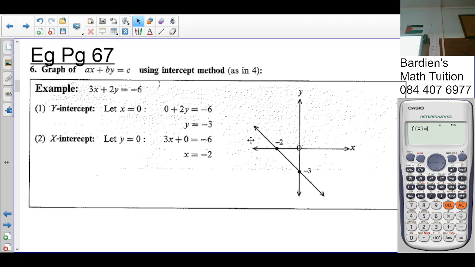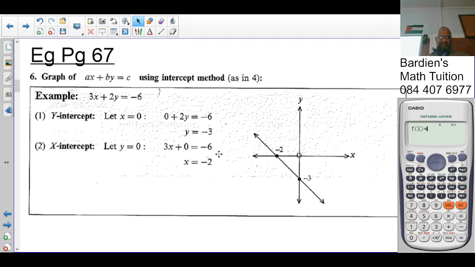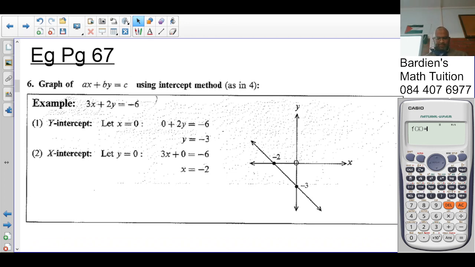I actually meant not to give you this graph. We're going to draw that graph quickly. Take this off.